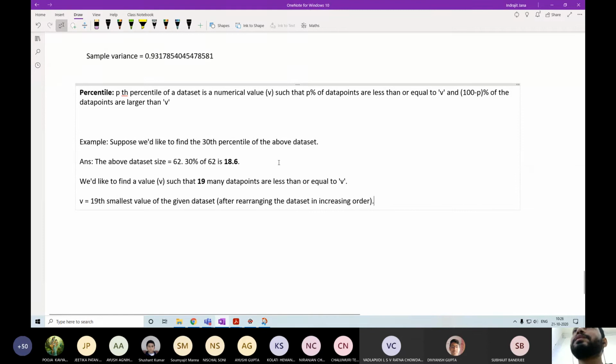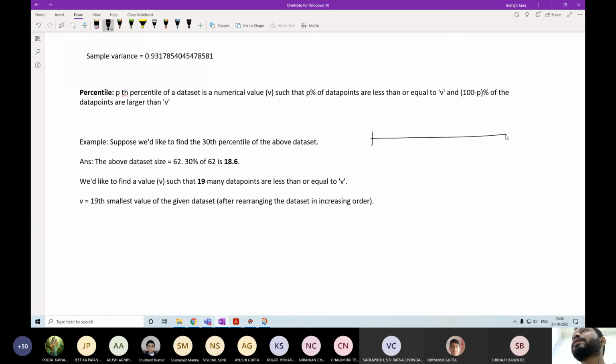So we want to find a point where... okay, here's the thing. Let me actually draw a picture. Probably it's better to visualize. Here is the whole data set, in increasing order, and here is the point v. On the left side, we want 18.6 many data points.